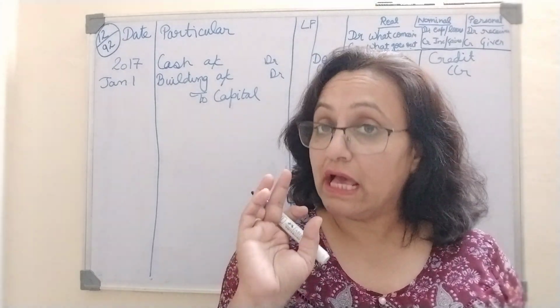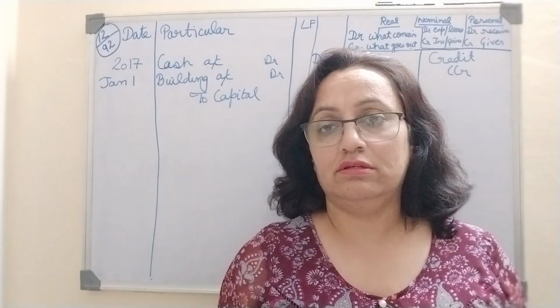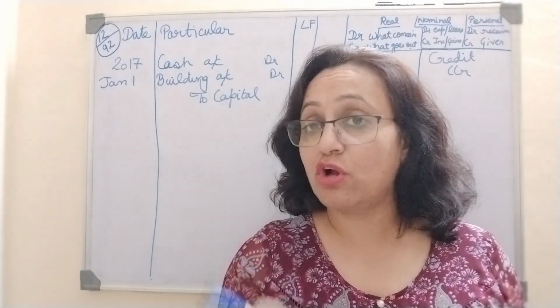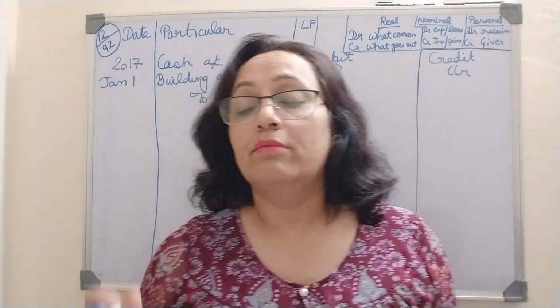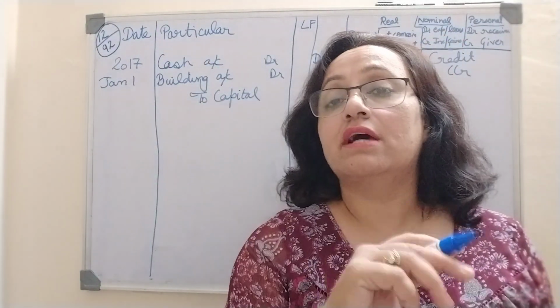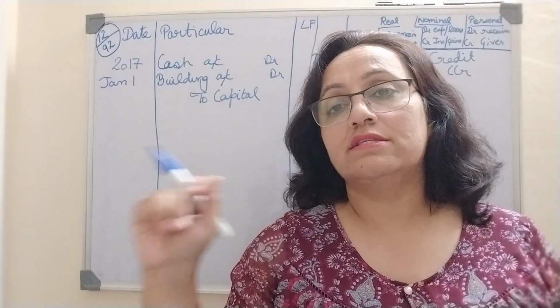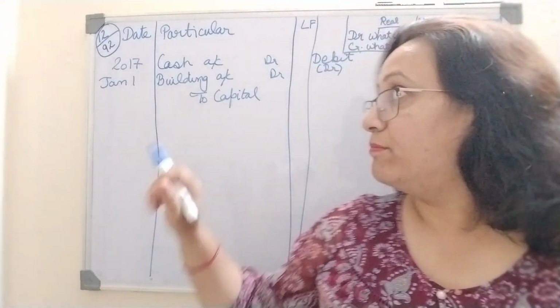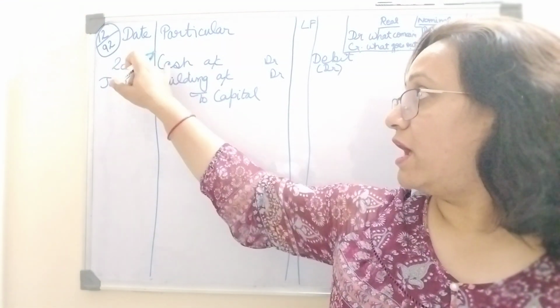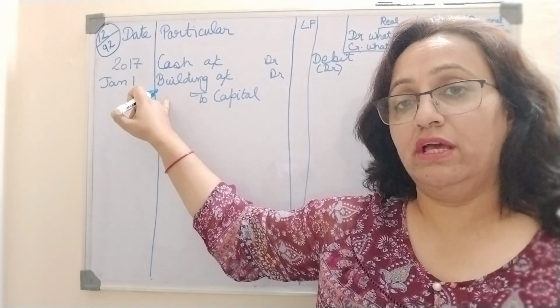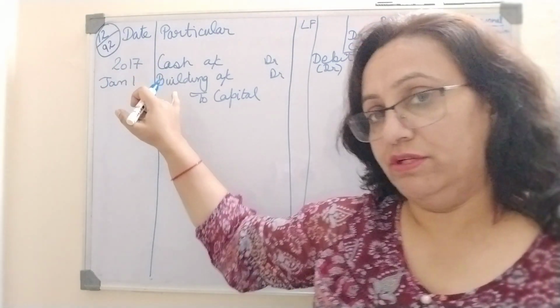Capital comes on the liability side of the balance sheet. You remember the format of the balance sheet? If you have not seen that video, please see it. When we make a balance sheet, liabilities are all the credit items and assets are all the debit items. So capital is always a credit item and cash and building are assets over here. So they have to be debited, right?